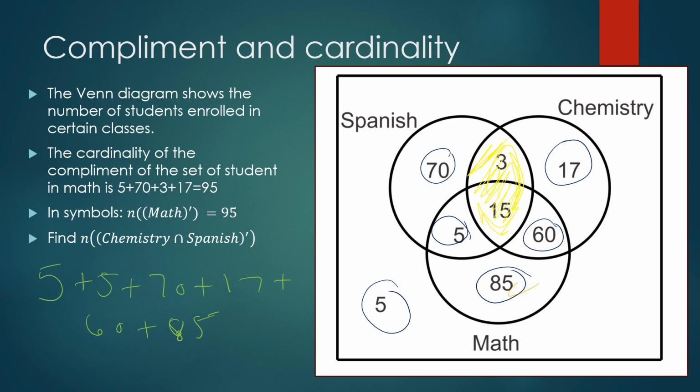So I have 1, 2, 3, 4, 5, 6 sections. We take our calculator and add those all together: 5 plus 5 plus 70 plus 17 plus 60 plus 85. We get a total of 242. So the cardinality of the complement of the intersection of chemistry and Spanish would be 242 students.